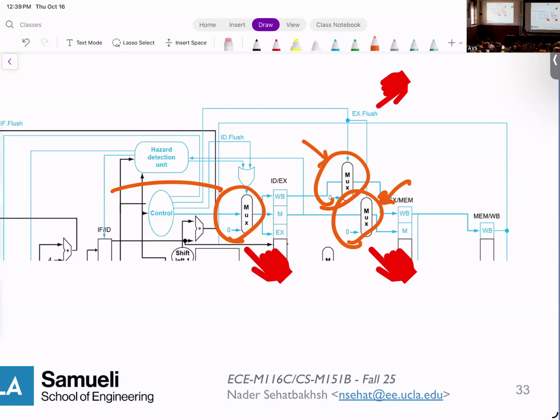So the trick is that we let things go. Later I'm going to talk about when we realize that we made a mistake. But if we catch that mistake, we say that all of the control signals are zero. So we don't write to the register file, we don't write to memory, and we don't change the PC. If we don't do any of these three things, we are okay. We just do extra activities. So we lose some power, but who cares?